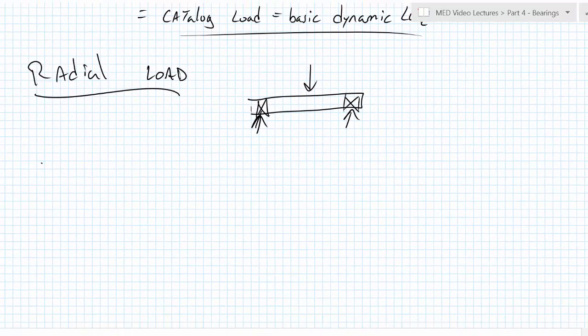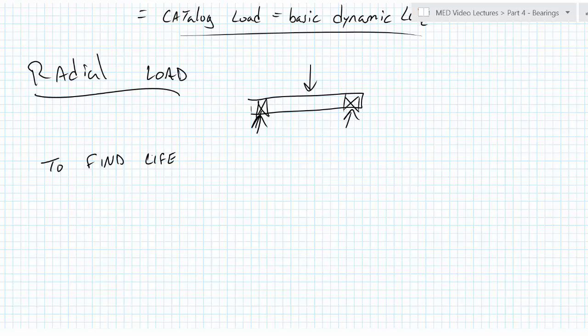All right. To find the life that you would expect to get out of a product, we compare the load it's at to the load we want to get. What this equation says is that the life that we'll actually get out of a particular bearing is related to both its catalog life and its catalog load.